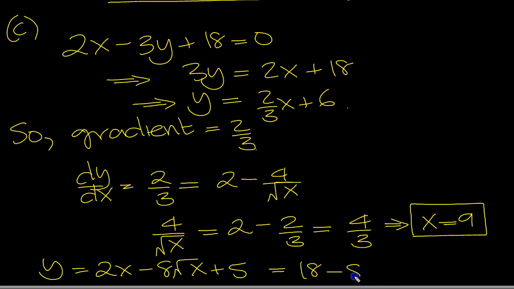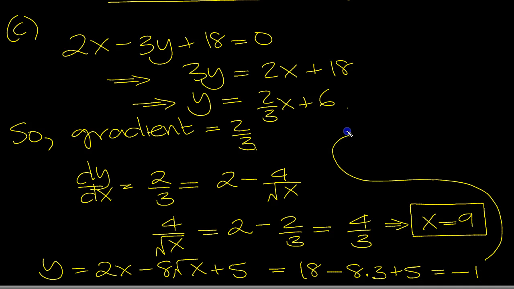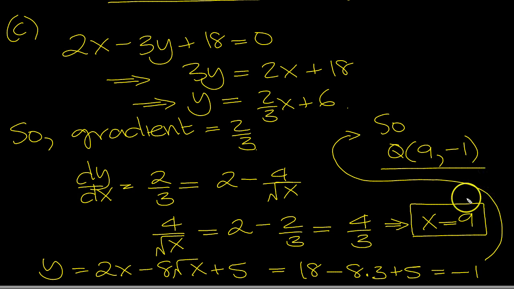Minus 8 root 9 is times 3, plus 5. 23, take away 24 is minus 1. So I'll put it up here because of room. So Q has coordinates then 9 and minus 1. That's part c.